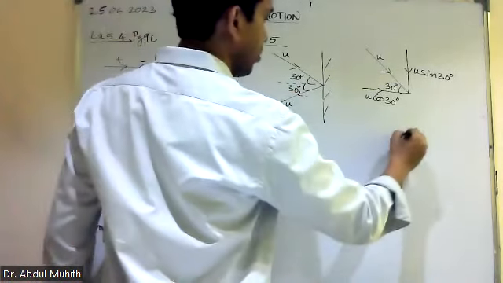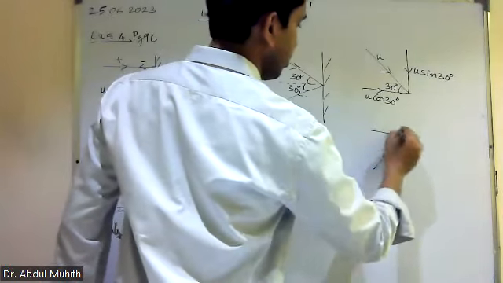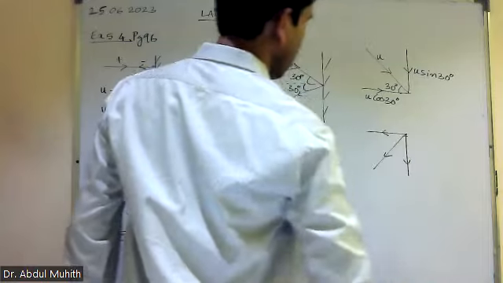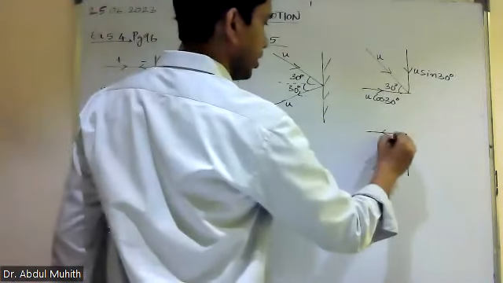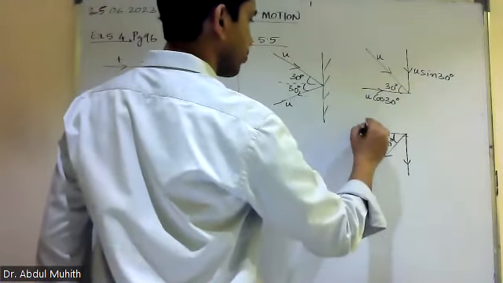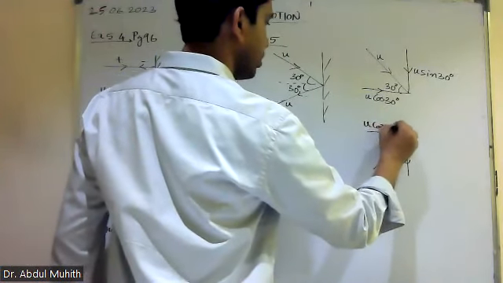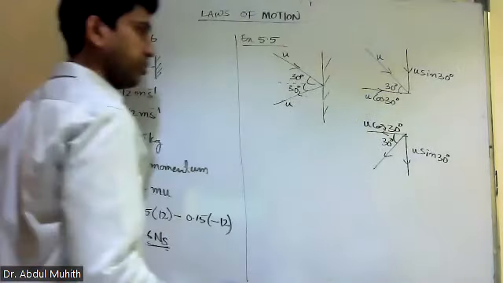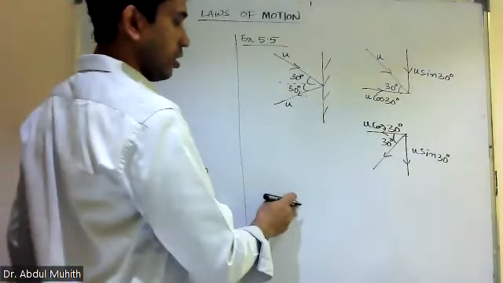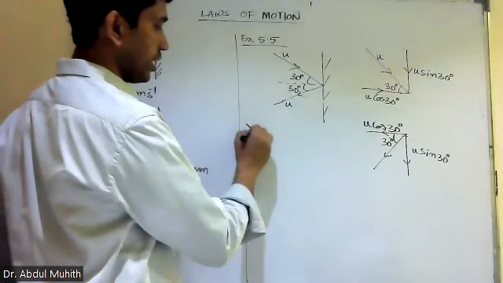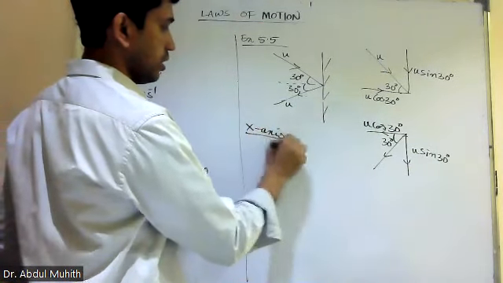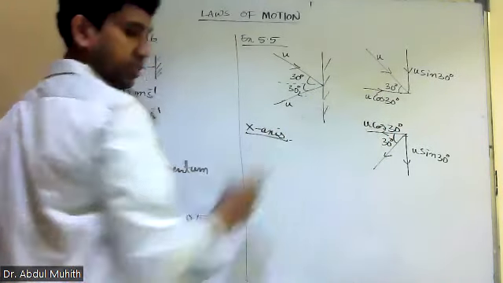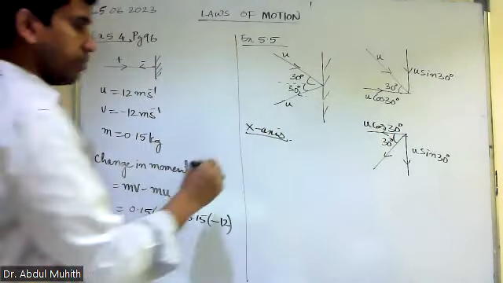Next one, suppose I am coming with this one. So what will happen here? Now this is horizontal and vertical. This is 30 degrees. Horizontal is u cos 30 degrees and vertical is u sin 30 degrees. Understood now? So what will happen now? I am going to take the x-axis first, meaning the horizontal ones. In the horizontal one, u cos 30, they both are in the opposite direction. So we will take initial and final.